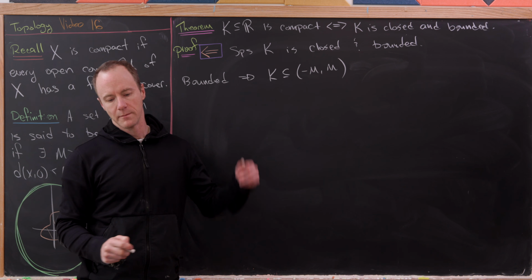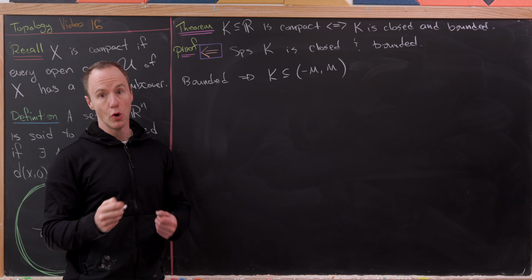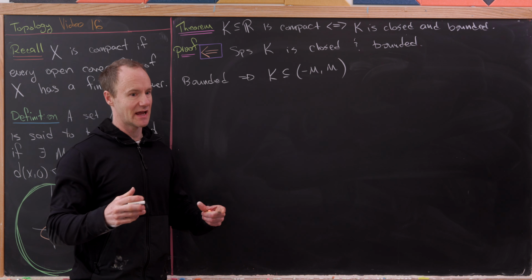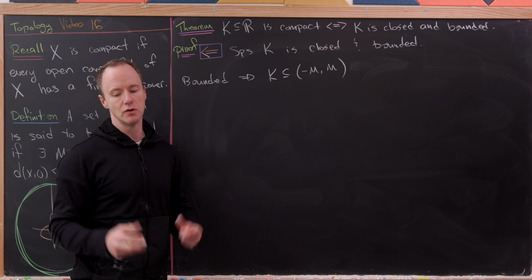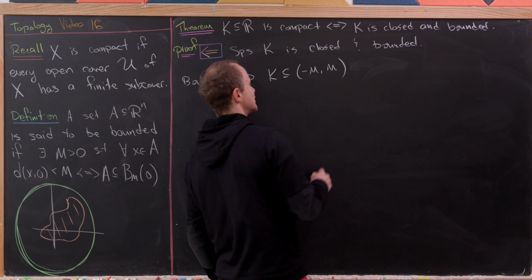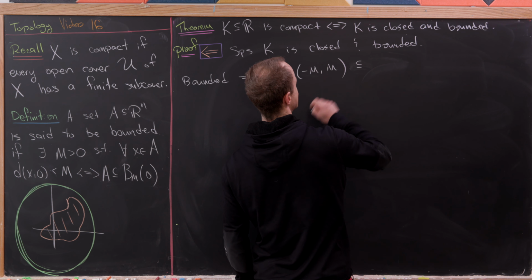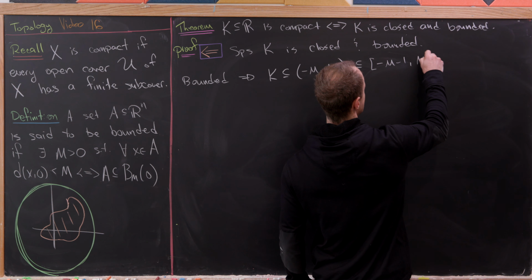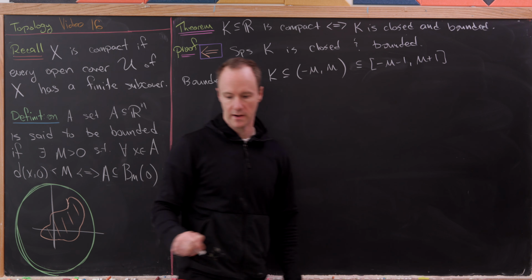But now if K is contained within this open interval from minus m to m, it's contained within a slightly expanded closed interval. So we can just take it to be really simple and say that K is contained in the closed interval minus m minus 1 to m plus 1.